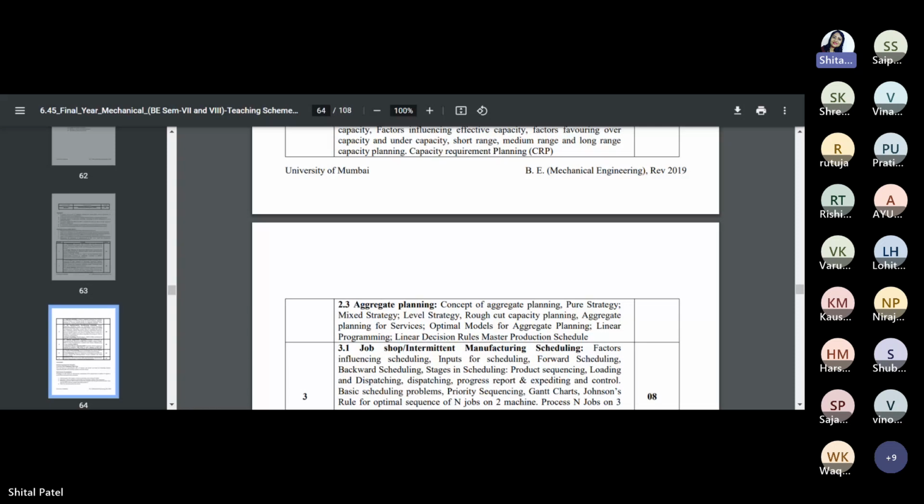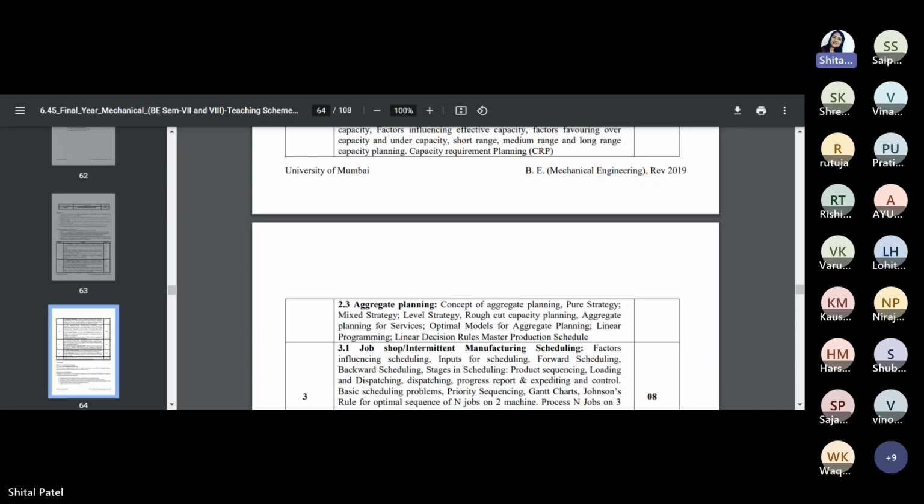In the previous syllabus, aggregate planning for services was not included, but this time in OPC they have included it. So it can be a short note or a question belonging to aggregate planning for services. What are the models? What are the linear rules? Right?